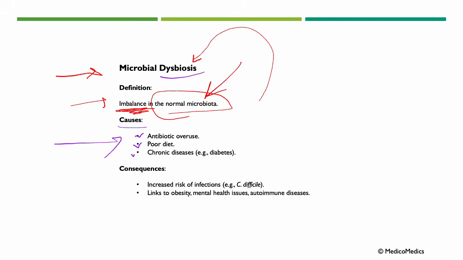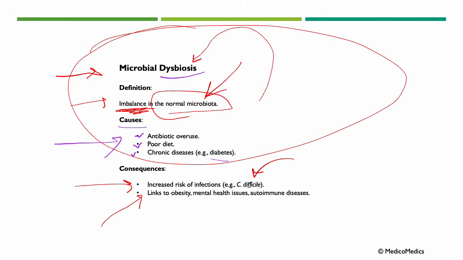You could have it due to chronic diseases like diabetes. And some consequences could be increased risk of infections, like Clostridium difficile could suddenly become more prone to start attacking. And we also link dysbiosis to obesity, mental health issues, autoimmune diseases, etc.